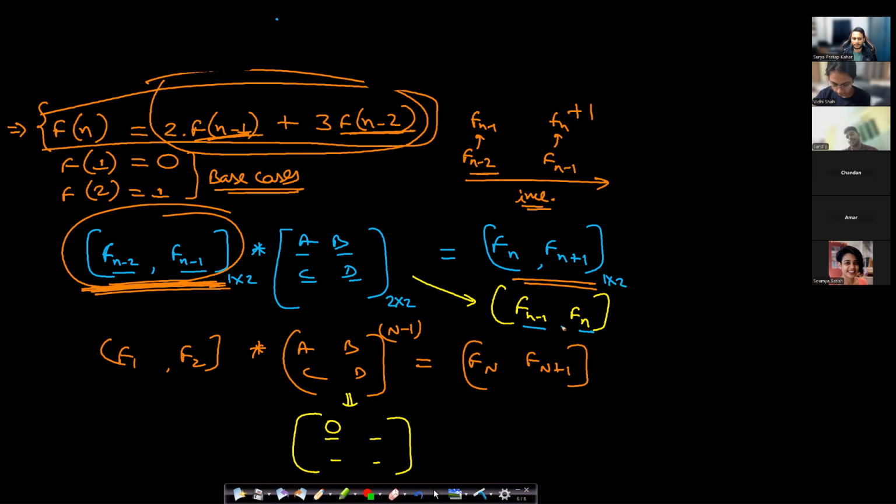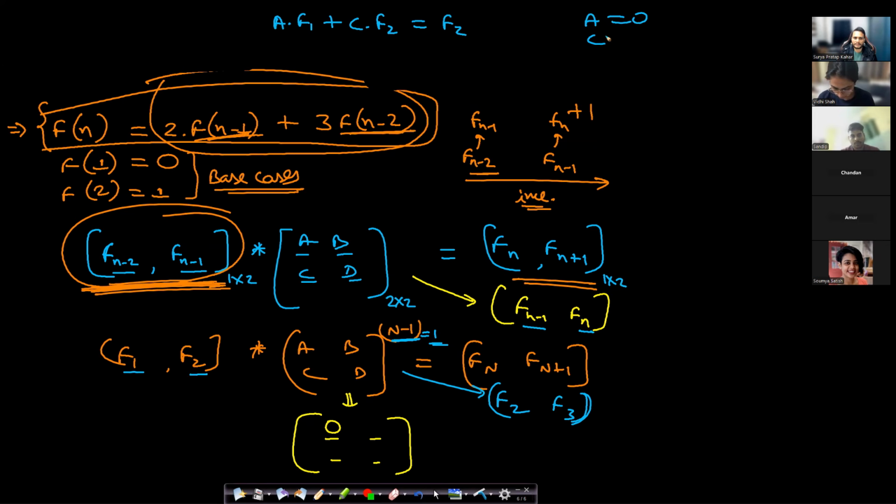Or you can also do f1, f2 going to f2, f3 by doing one-time multiplication. So this is not n minus 1, it is 1 only. So can you do that? A times f1 plus c times f2 equals f2. Then a equals 0, c equals 1.